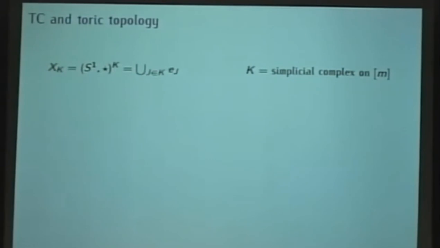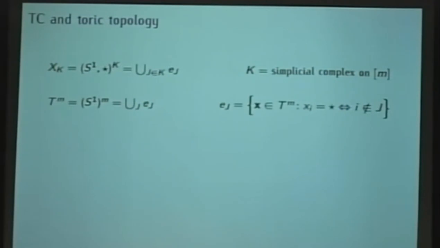It is the polyhedral product determined by this pair, depending, of course, on a given abstract simplicial complex K. This has a very natural structure. Actually, it is a subcomplex of the m-dimensional torus. K here is a simplicial complex on n vertices.